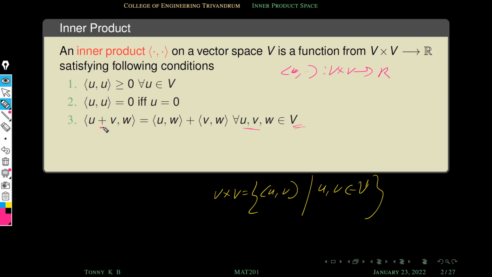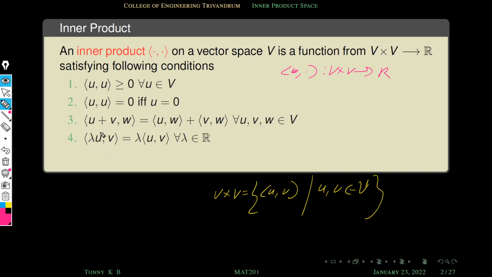So this addition is the addition defined in the vector space V. Every vector space has a vector addition, so this is vector addition. And what about this sum? This sum is between two inner products, and we know that inner products are always real numbers. So this sum is the addition between two real numbers, our normal addition. Clear?